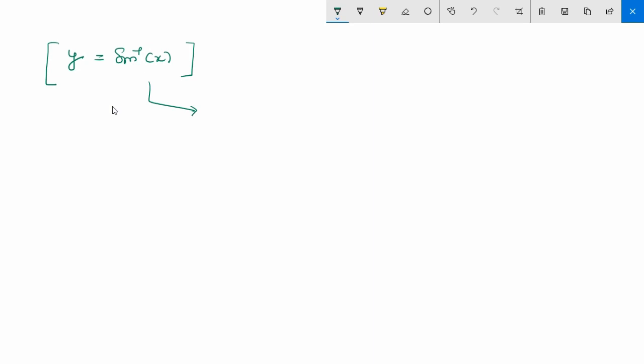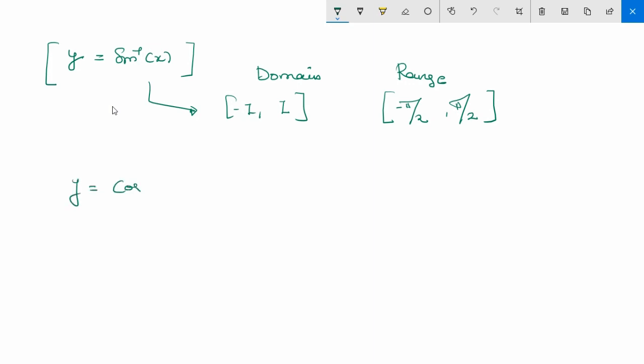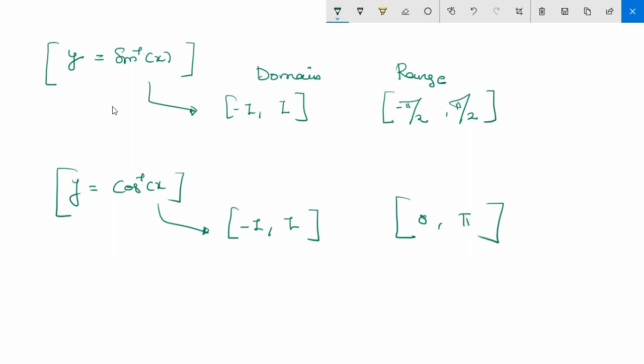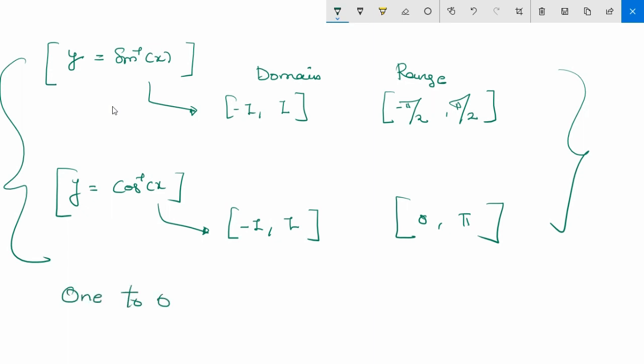It is found that the domain for sine inverse is -1 to 1 and the range is -π/2 to π/2, and if the function is y is equal to cos inverse of x, then the domain is -1 to 1 and the range is 0 to pi, and this is a range where both these functions are 1 to 1 and onto.